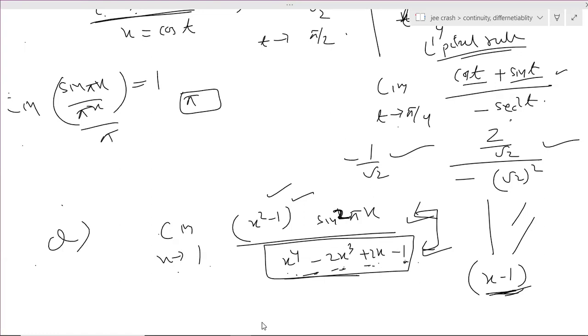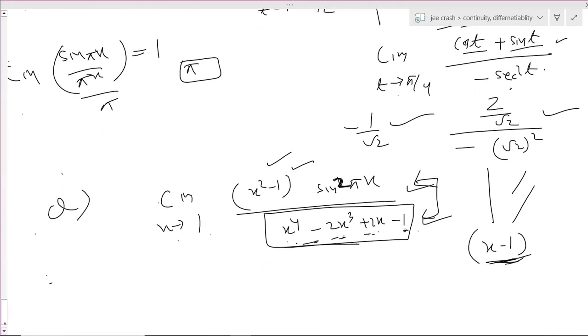Sir, can we do L'Hopital's rule in this question? Absolutely. But I believe factorization is a bit easier, as you wish.